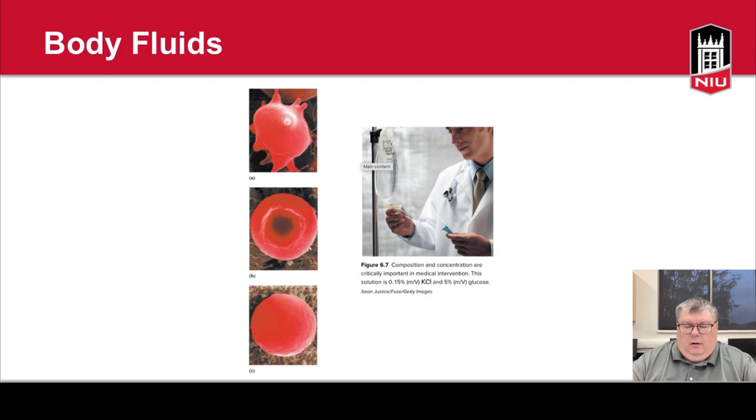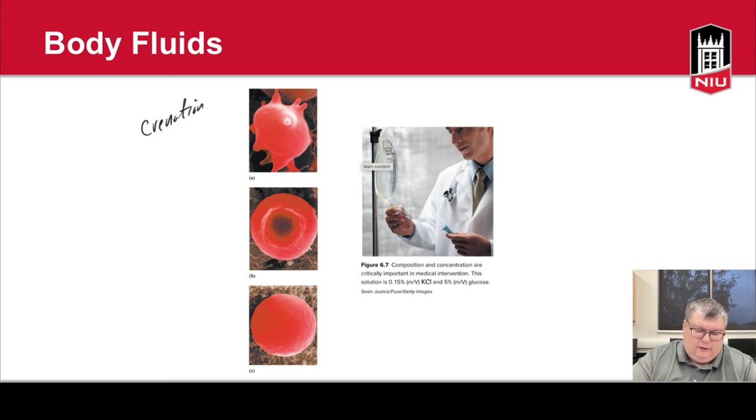Now, what happens if we put that IV solution into the body and it doesn't have the same osmolarity as, say, blood? If your solution is hypertonic compared to blood, you get what is known as crenation, or a shriveling of the blood cells.